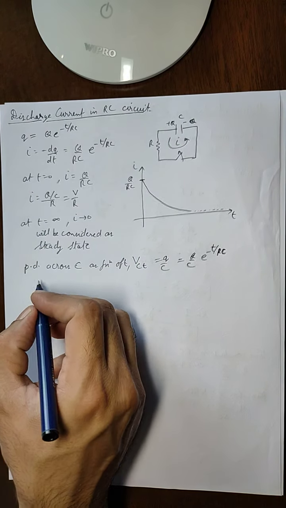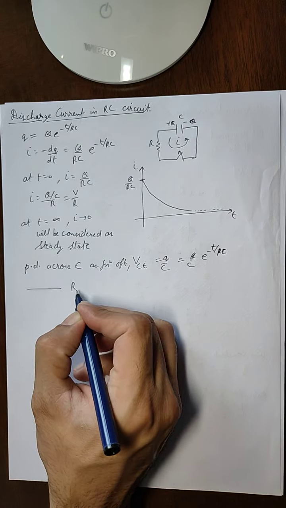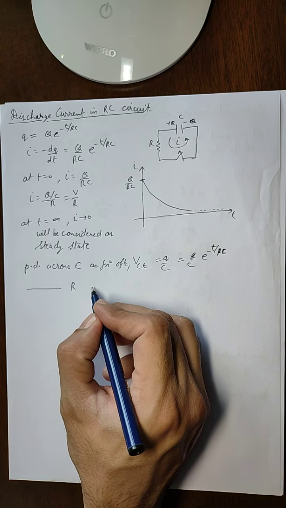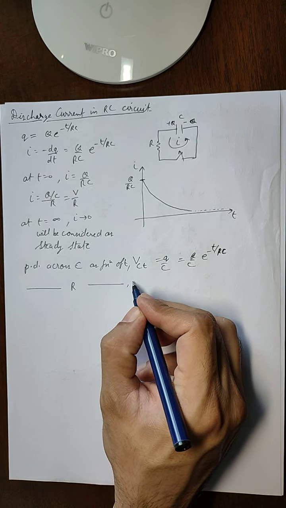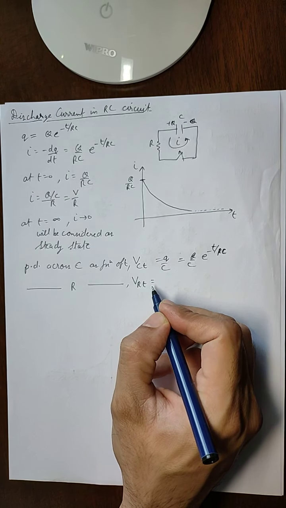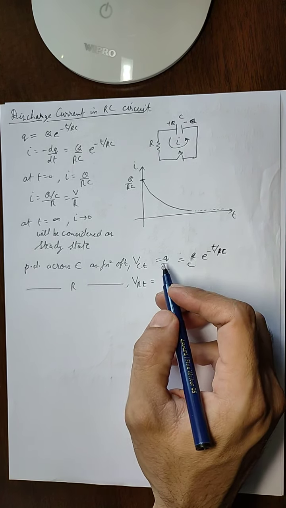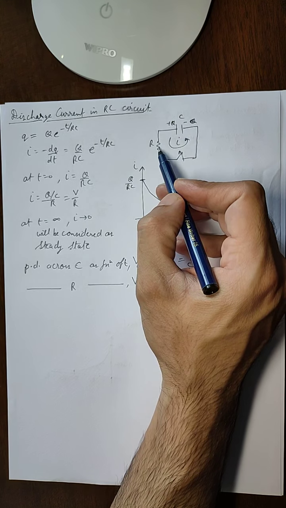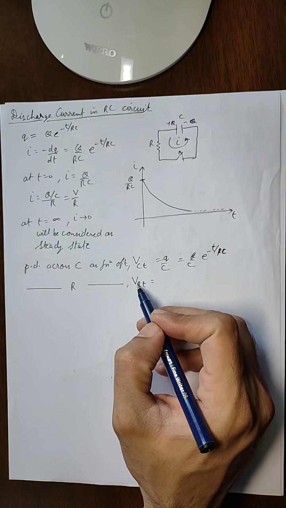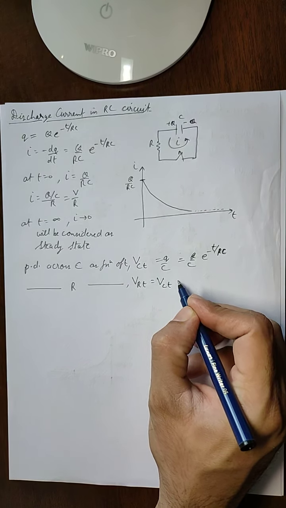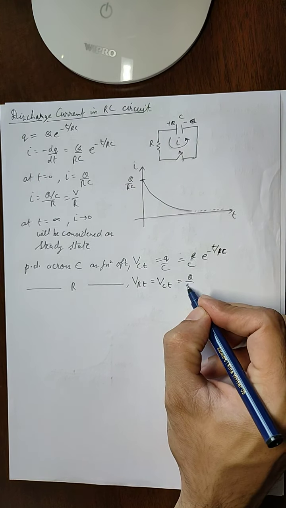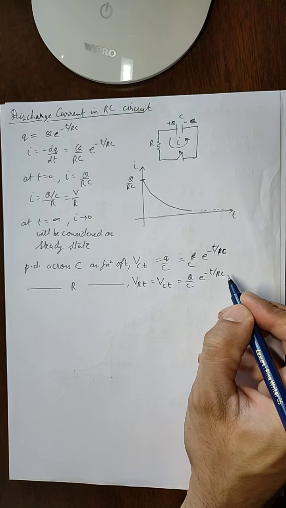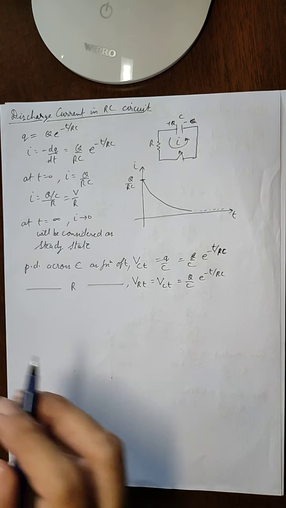Similarly we can find the potential difference across R as a function of time, and we can write this as VR(t). Now we know that whatever potential is on the capacitor, the same potential is appearing here. So VR(t) will be equal to VC(t). So this will also be equal to Q by C e to the power minus t by RC.